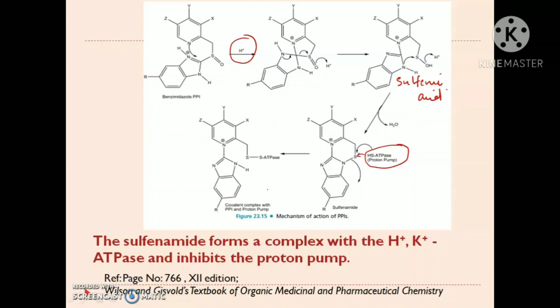Sulfenic acid is SOH, and that sulfenic acid again undergoes a proton catalyzed reaction to form a sulfenamide, and this sulfenamide reacts with the cysteine of the proton pump ATPase enzyme, and it forms a covalent complex with the enzyme. The end result is that the proton pump is inhibited.